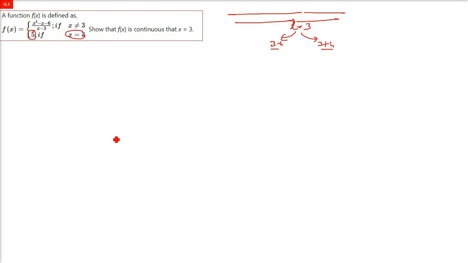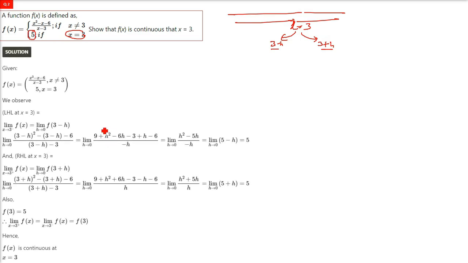Okay, so how you are going to write? This way. This is the actual way you are going to solve your question. Left hand limit, right hand limit, all these you have to write by yourself, because this is the way you actually answer the question. But as far as I am concerned, I am going to tell you the logic here.